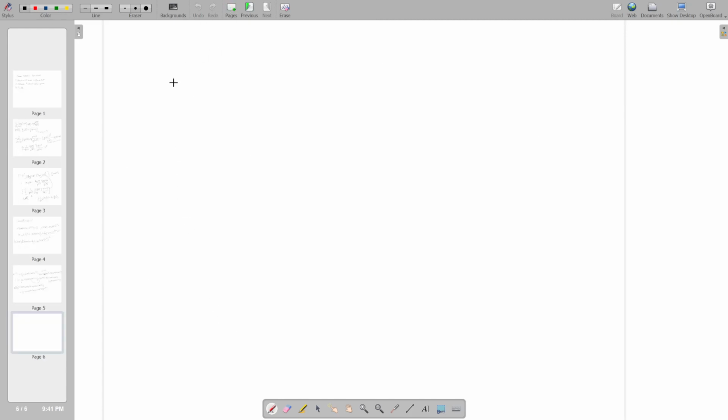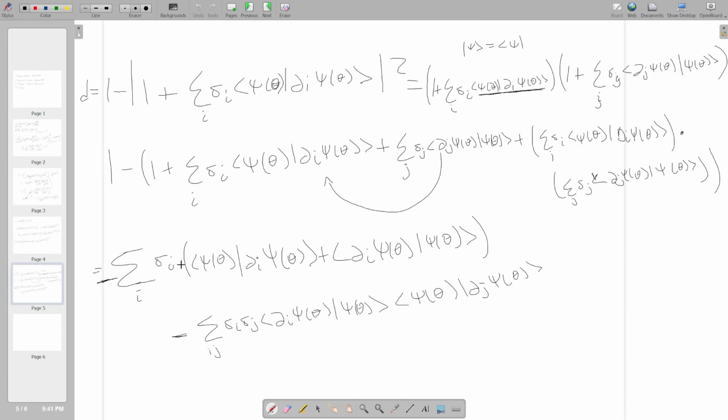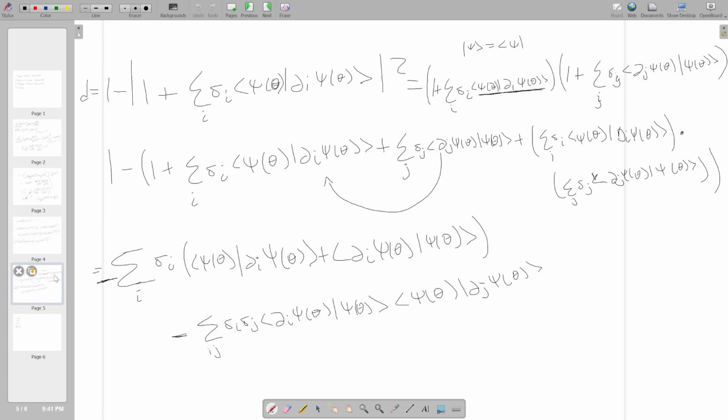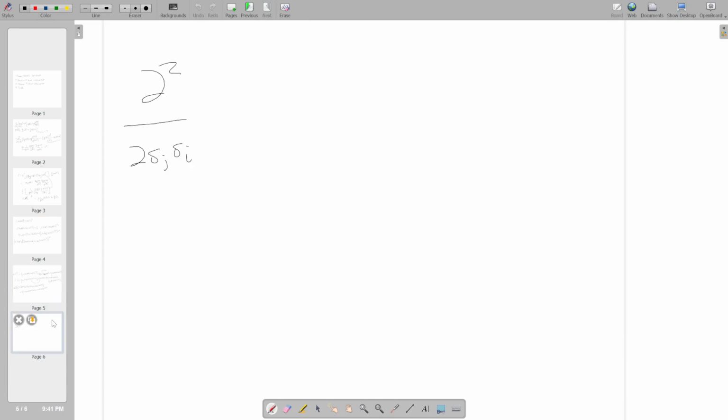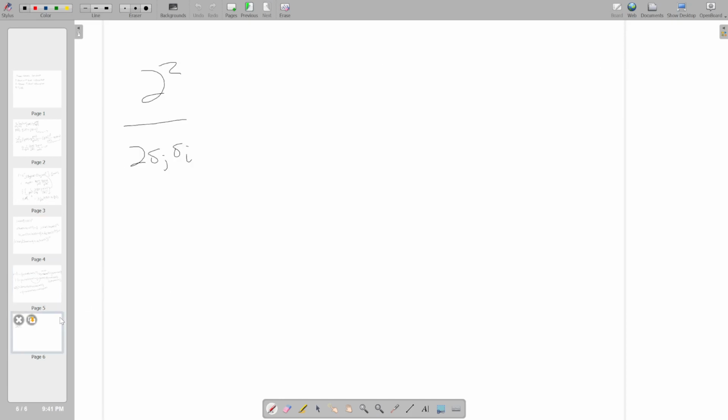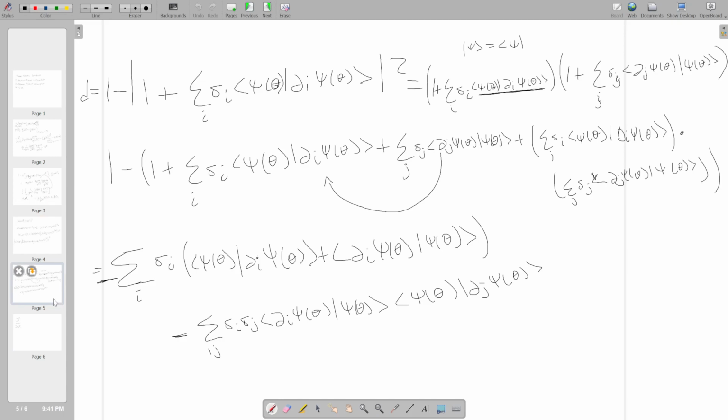we can now begin to differentiate it. So if we look at this term, and we do the same derivative that we did before, we have this terminology. Then we can simply take the derivative with respect to delta I and delta j, and we can see that this term right here will, even if we swap the I and j, whichever one comes first in the derivative, equal 0.